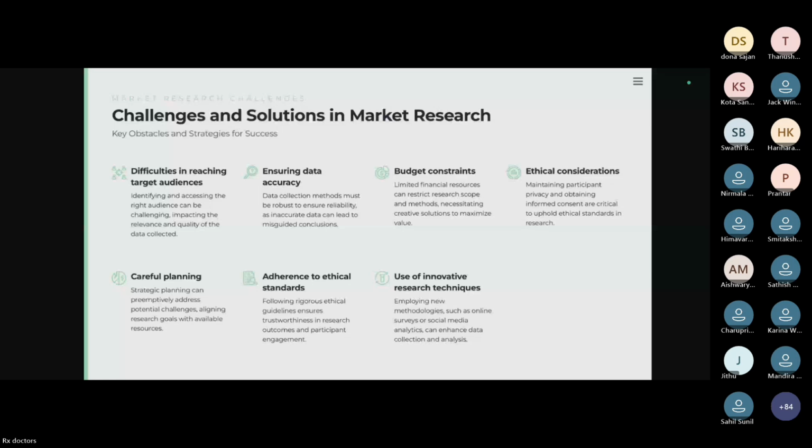There can be budget constraints, and ethical considerations must be kept in mind. So there are ethical rules that need to be followed for any market research study, and there's a lot of planning that goes behind each and every market research study.